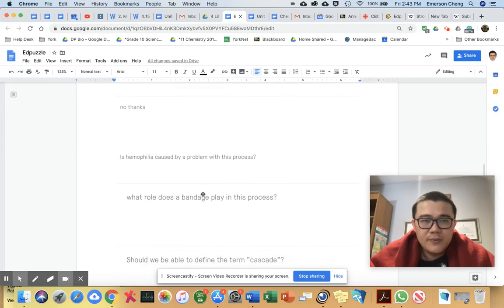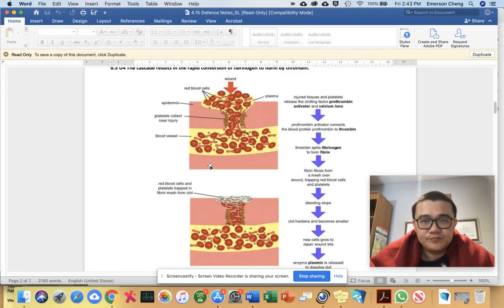Is hemophilia caused by a problem within this process? Yes. People who have hemophilia have something wrong with their clotting factor, and there is a specific clotting factor that is an issue. I believe you will learn more about it. Normally when I teach it, I will teach it during the genetics unit, as a sex-linked genetic trait.